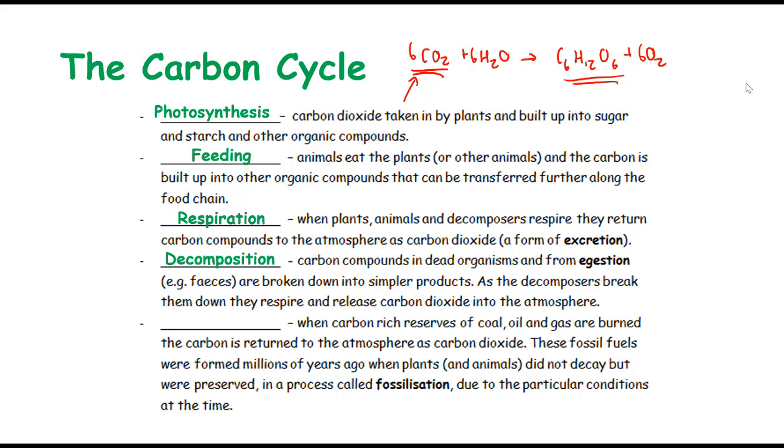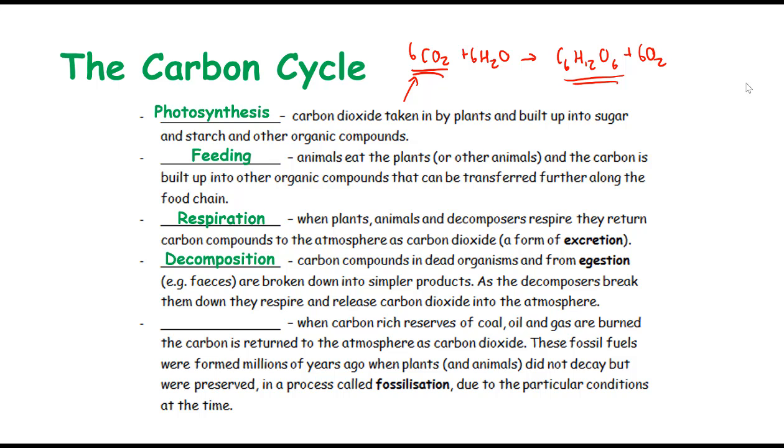Decomposition takes place when the dead organisms are broken up into simpler products, and that is usually done by decomposers. The decomposers also respire because they are living organisms, which returns carbon dioxide to the atmosphere. And finally then, combustion is when the fossil fuels, coal, oil and gas, are burnt and carbon goes back in the atmosphere as carbon dioxide.